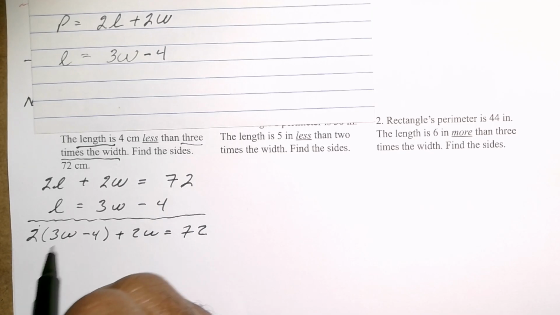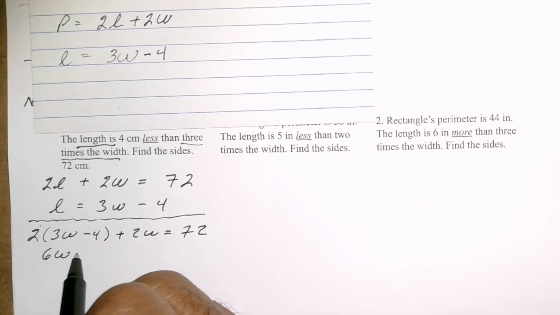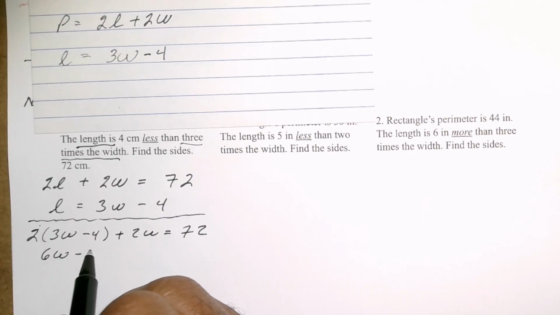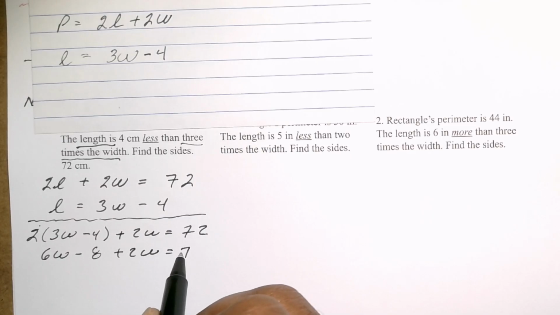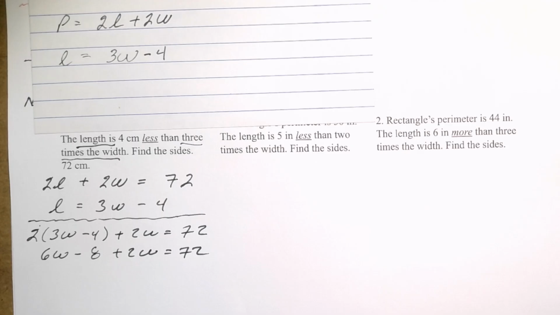So 2 times 3W is going to go 6W, and 2 times negative 4 is going to give us negative 8, plus 2W equals 72. Okay, now let's combine like terms. We have 6W here on the same side as 2W, so same signs add, so we're going to get 8W, bring down the minus 8, and have it equal to 72.